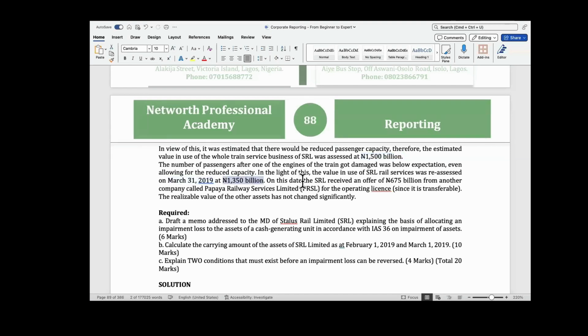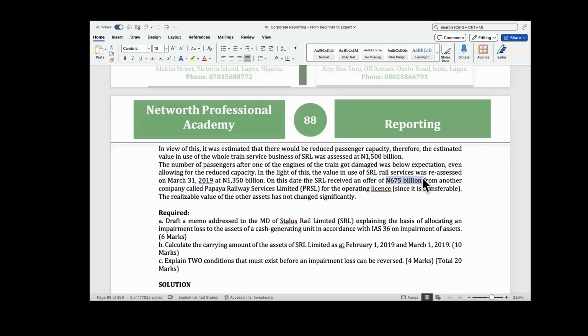On this date, SRL received an offer of 675 billion from another company called Papaya for the operating license. Since it's transferable, the realizable value of other assets has not changed significantly. We don't know whether SRL will now sell it to Papaya, but they have now given us the net realizable value of the license.